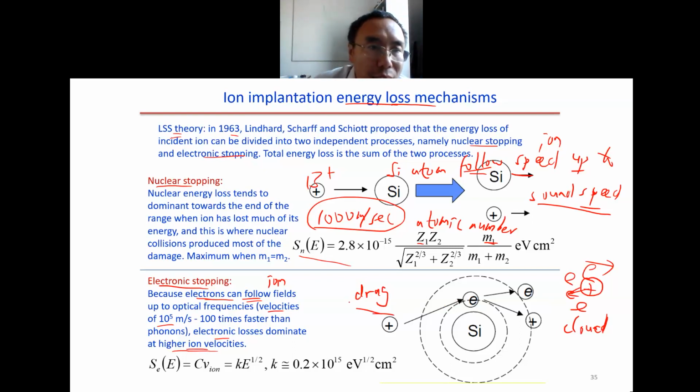But because the ion mass is 10 to the power 5 of the electron mass, this energy loss is not so significant. It will take many drags before the ion comes to rest. So this energy loss is proportional to the speed of the ion, and speed is proportional to the square root of E.